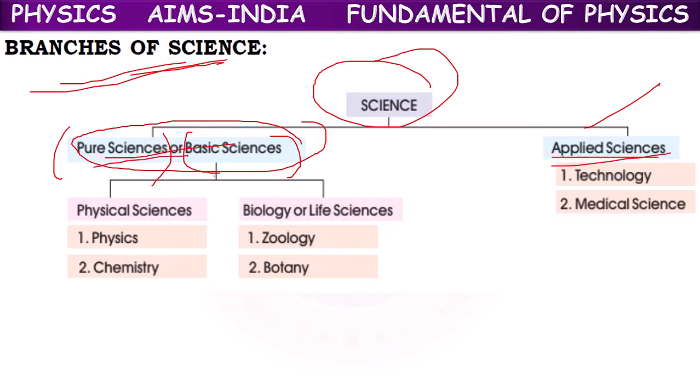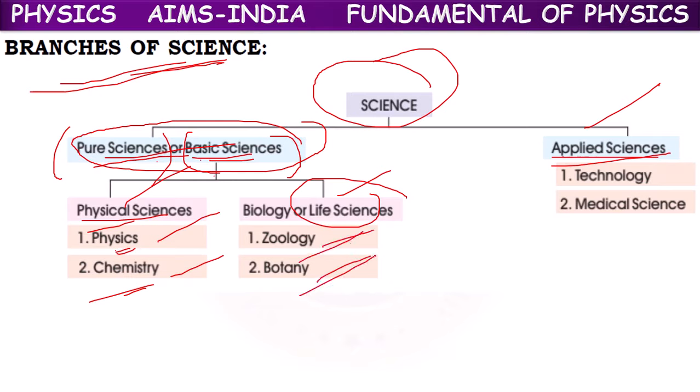The pure or basic sciences can be divided into physical sciences and biological sciences. Under physical science we have two more categories: one is physics, another one is chemistry. Whereas under life sciences we have two more categories, zoology and botany.